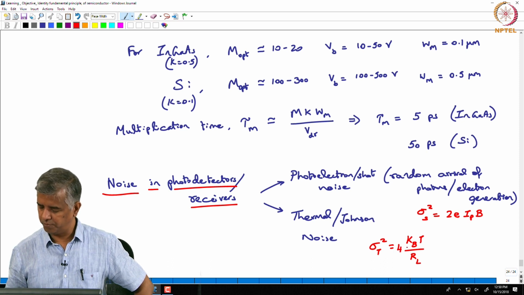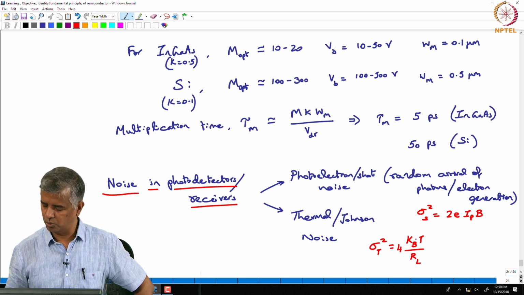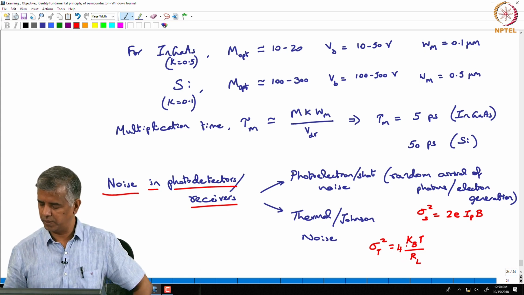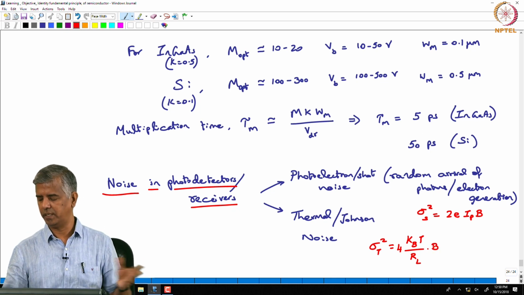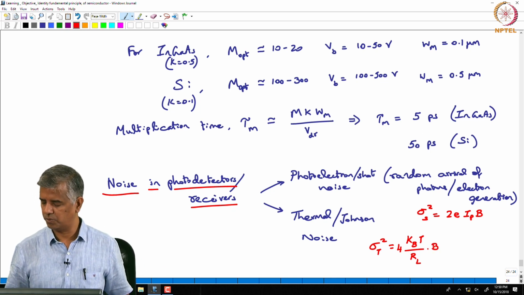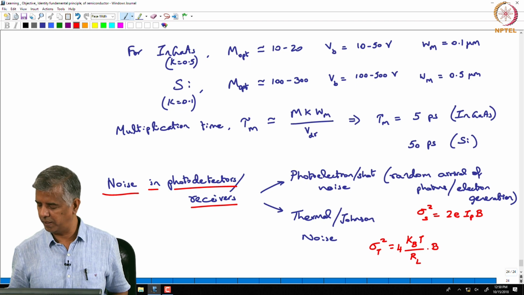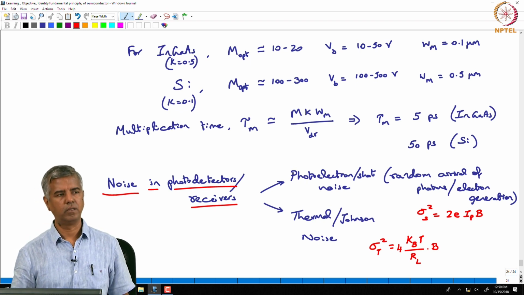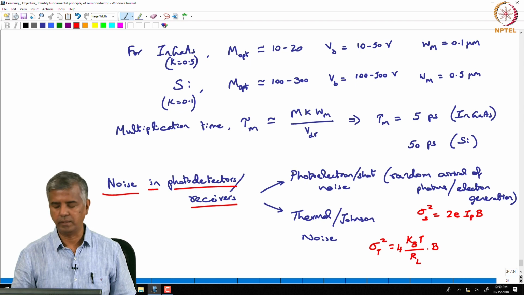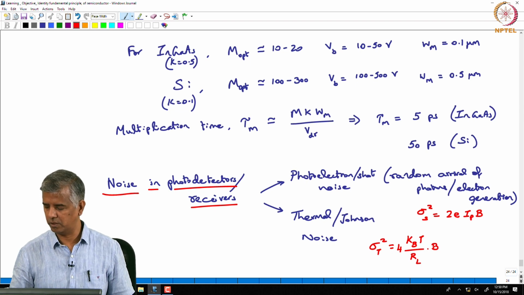It's a factor of 4 here, because 2 kBT over RL is the noise variance, but it's integrated over 2 times B. Once again, it's a double-sided spectrum. So, 4 kBT over RL multiplied by the bandwidth of your receiver, that is the thermal noise.